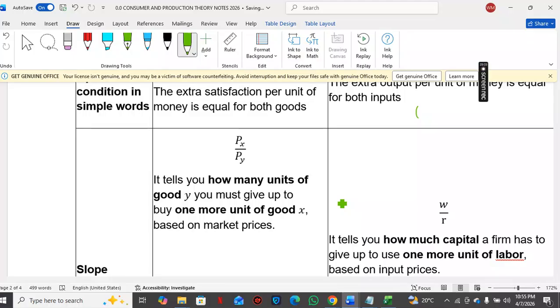Okay. So the slope of the budget constraint line and the cost constraint is this one. Earlier on, those ones for the marginal rate of substitution, those are the slopes for the indifference curves. Now the slope for the budget constraint line: it's a downward sloping line with the price of good Y here, and also good X here.